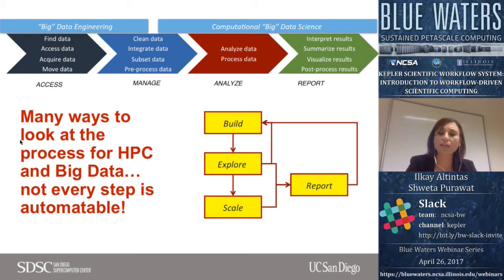We could also look at the human side of it, or how the science gets conducted side of it. There we can start with this build, explore, scale cycle, right? Somebody needs to build workflows, and generally, even if you build a small workflow, there's some exploration with it. You try to get it right.